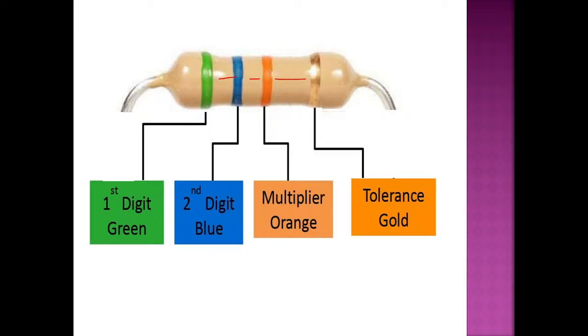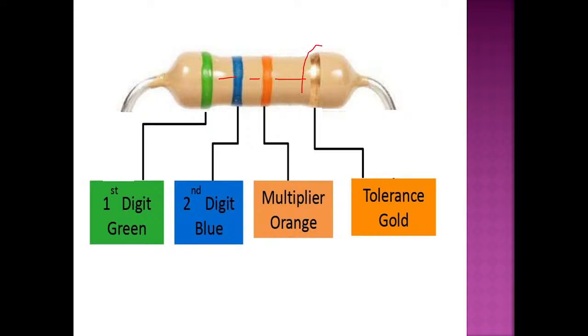tolerance in color coding refers to the percentage by which the actual resistance of a resistor can vary from the stated value. When we are calculating the resistance value of a color coded resistor, one of the bands represents what?